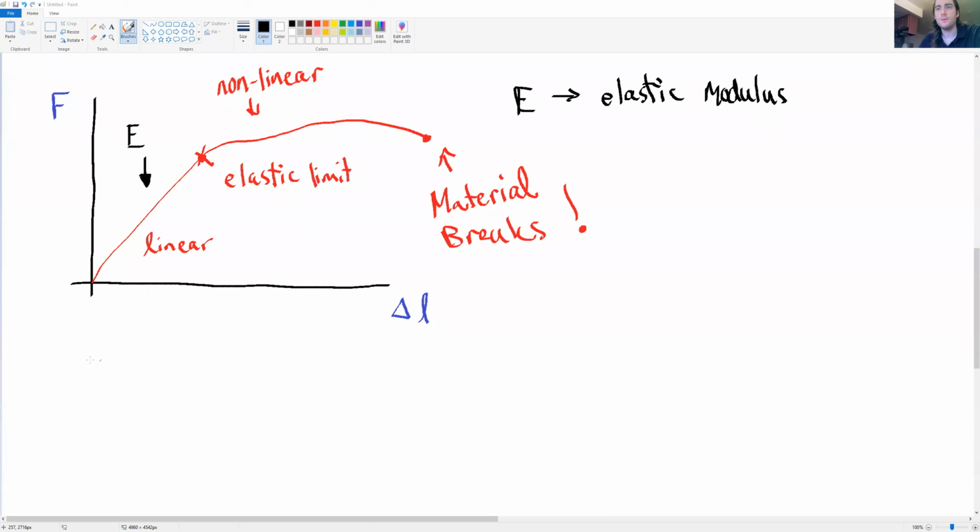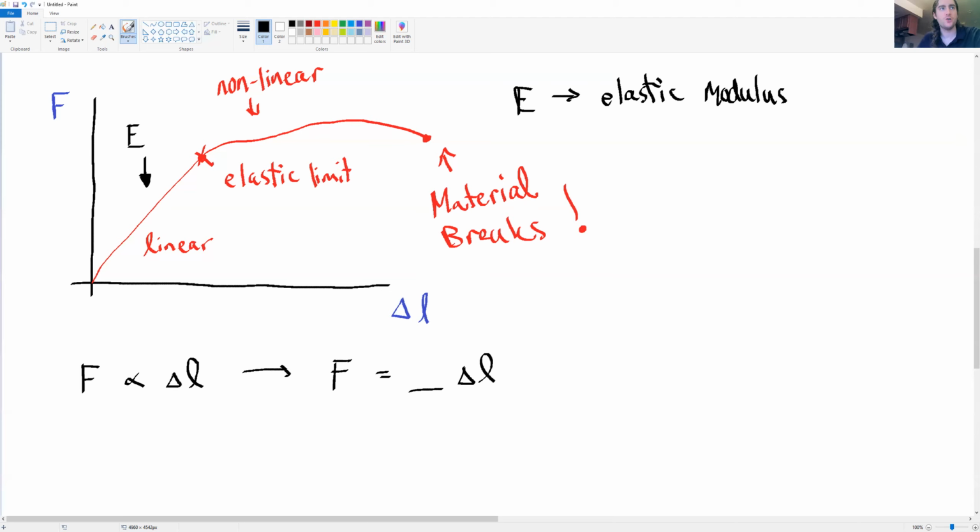Well, first of all, guaranteed, if it's linear, you can always say the force is proportional to delta L. Now, how is it proportional? Well, we can always take an equation like this and insert some constant times delta L, right? But let's go about this in a slightly different way, okay?